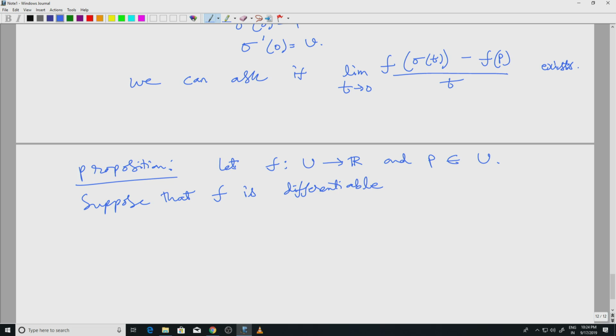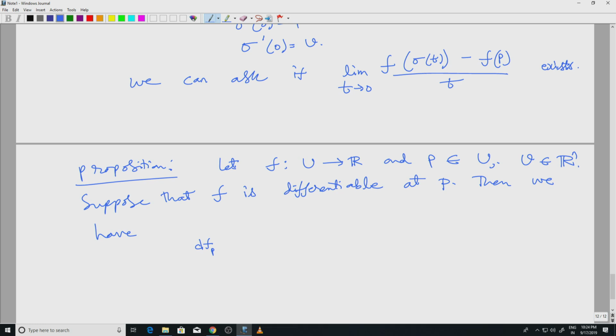Again, when I just say differentiable, I mean Frechet differentiable, which is the existence of a linear map, etc. Suppose that f is differentiable at p, then we have df at p, and here I also should take v belongs to Rn.